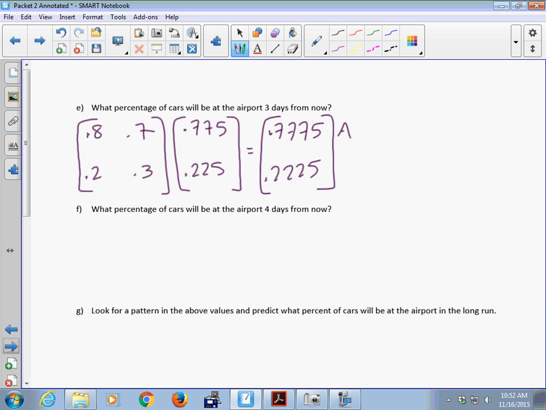Okay, so that's airport, Main Street. So that's 77.75%. So I just changed by a teeny little bit there. What do you think it's approaching? 0.7 repeating, or 78%.